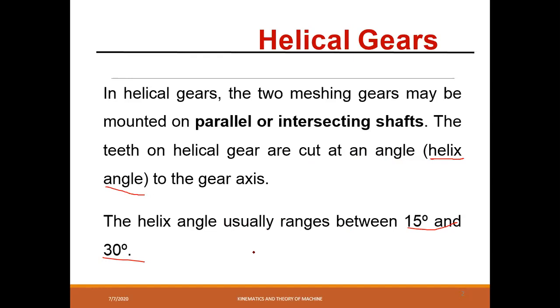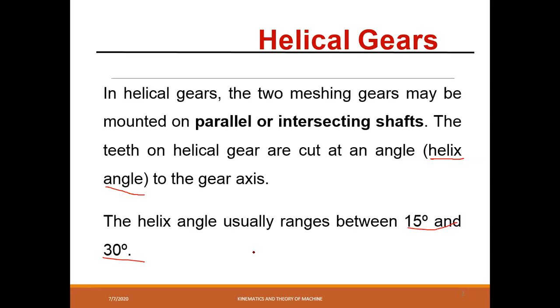The teeth on the gear wheel are at an angle, not parallel to the axis of the gear wheel. So we do not use helical gears where more torque is required. If more torque is required, we have to use the spur gear, in which the teeth are arranged parallel to the axis of the gear wheel.